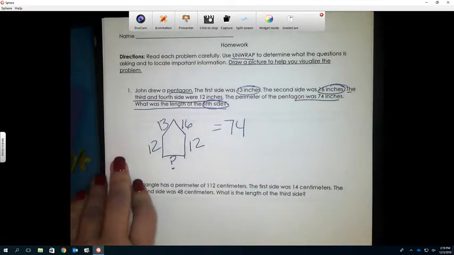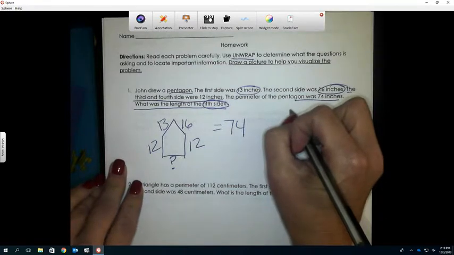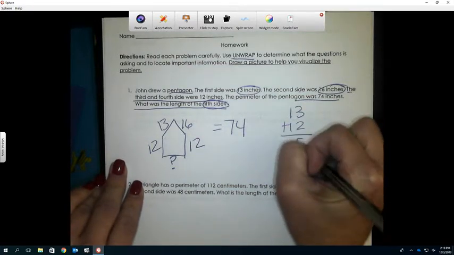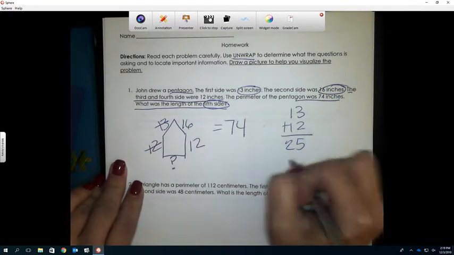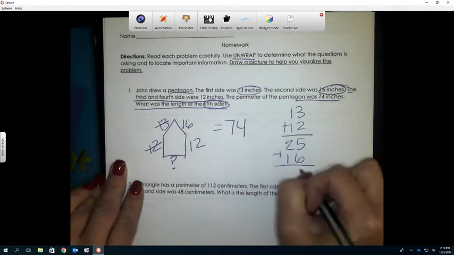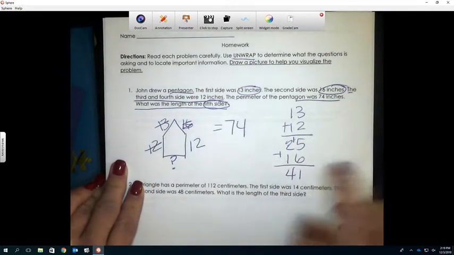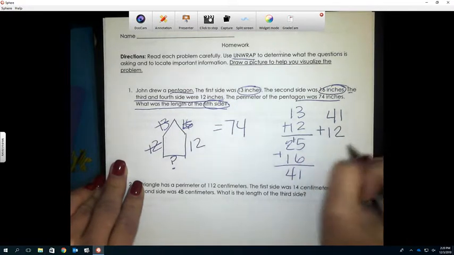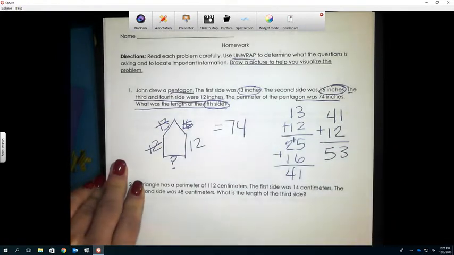Okay, I know I need to add up all of the sides that I know. So I'm going to do 13 plus 12. I'm going to cross it off after I do it. I'm going to do 25 plus 16. And then I'm going to do 41 plus 12. So I know 53.